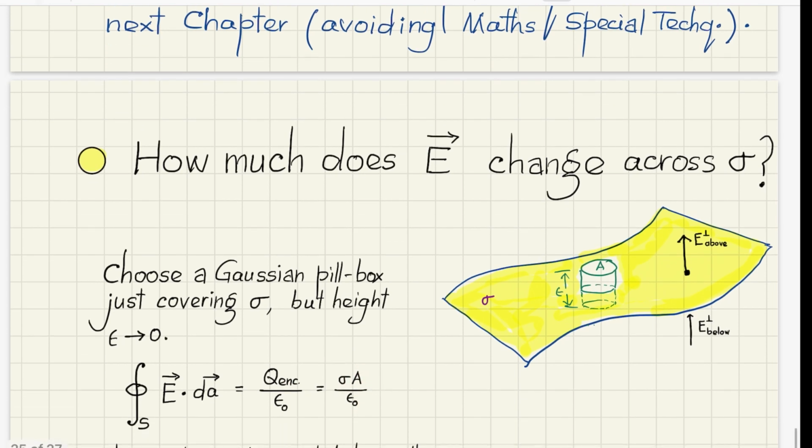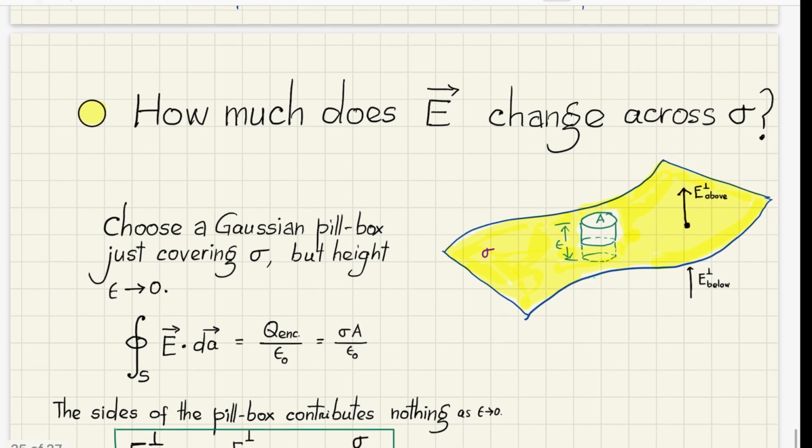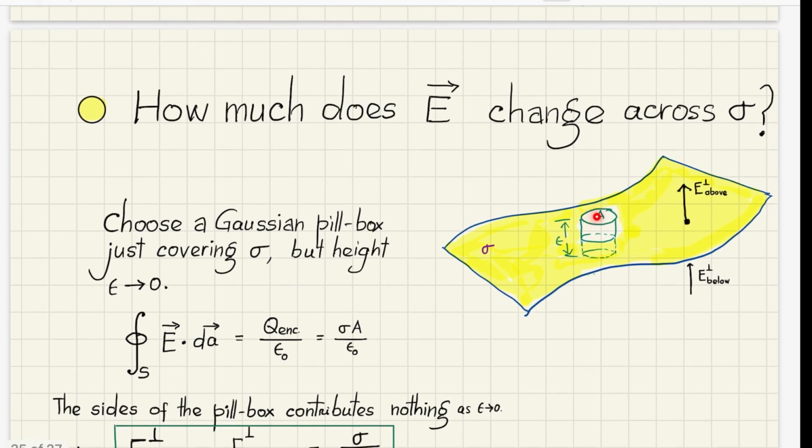Since the sides do not contribute anything, all the contribution must be coming from E above here and E below here. So E above perpendicular minus E below perpendicular must be equal to, the area having cancelled out, sigma by epsilon naught.